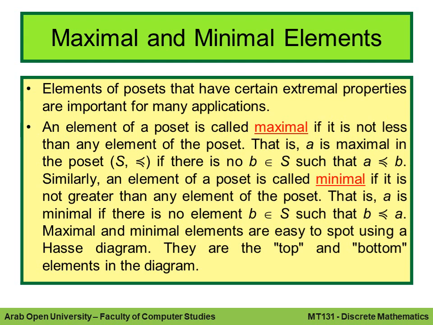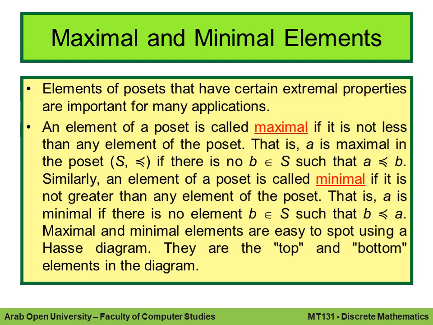An element is called maximal if it is not less than any element of the poset. That doesn't mean that it has to be larger than all the other elements, but there is no element in the set that's larger than this element.